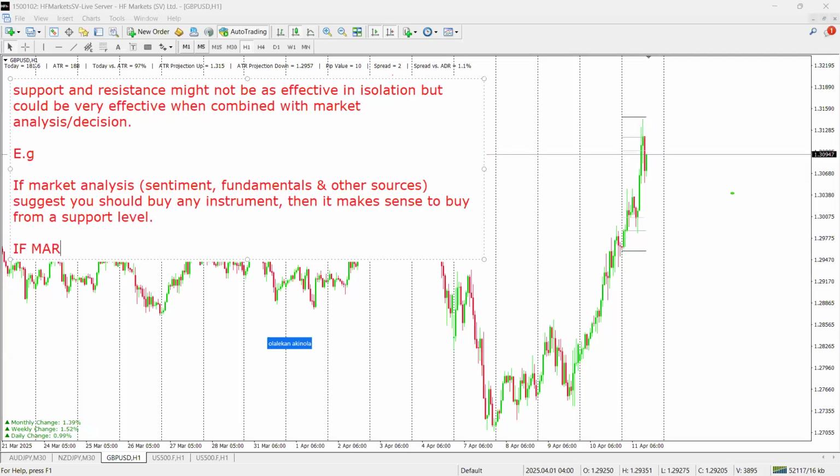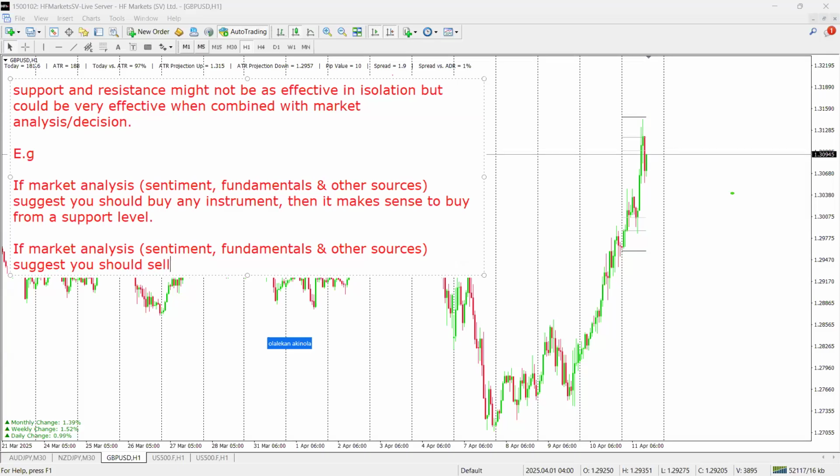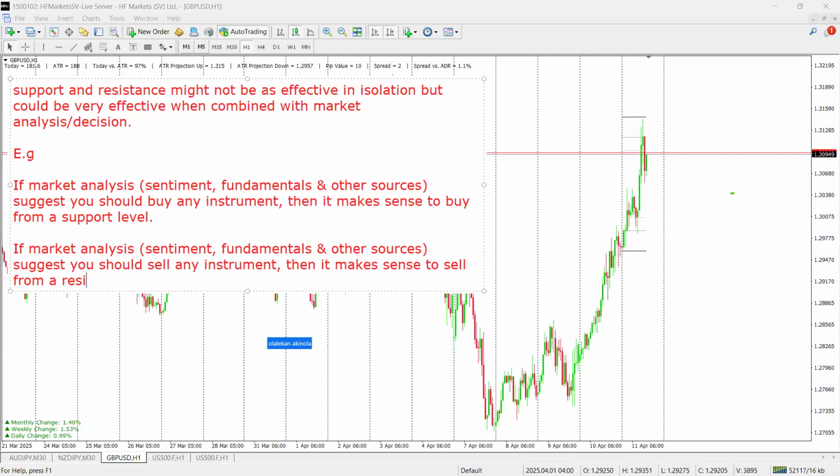If market analysis, either sentiment, fundamentals, and other sources suggest you should sell any instrument, then it makes sense to sell from a resistance level.